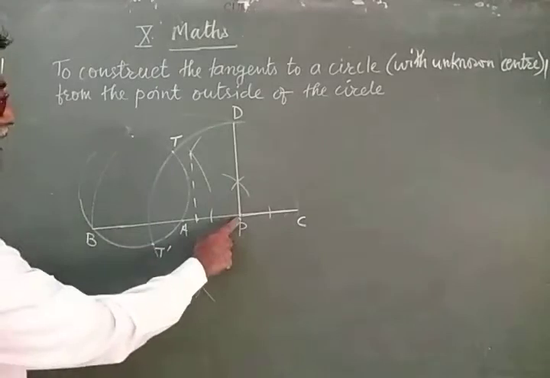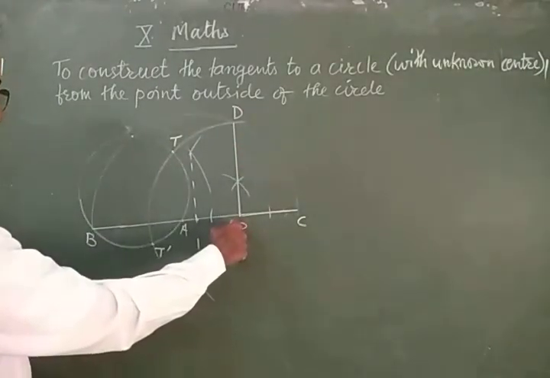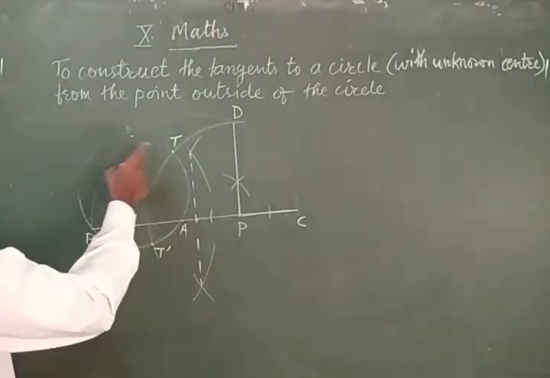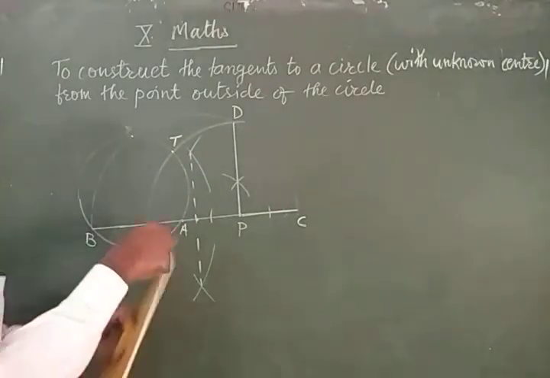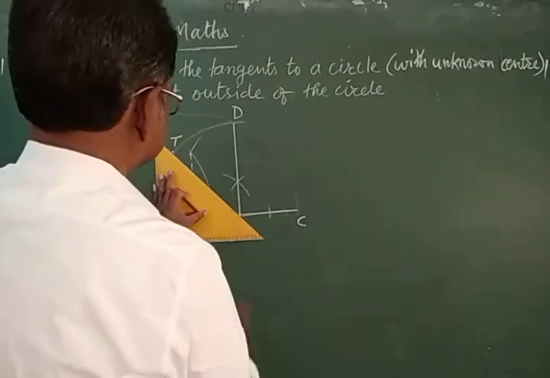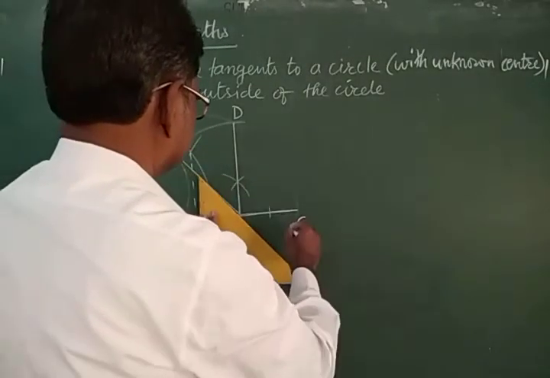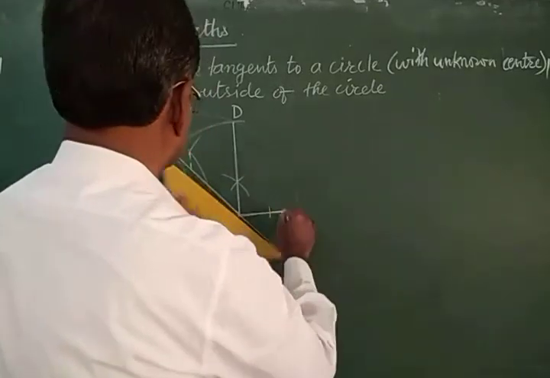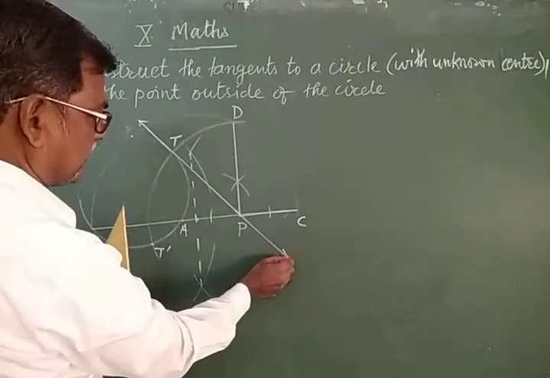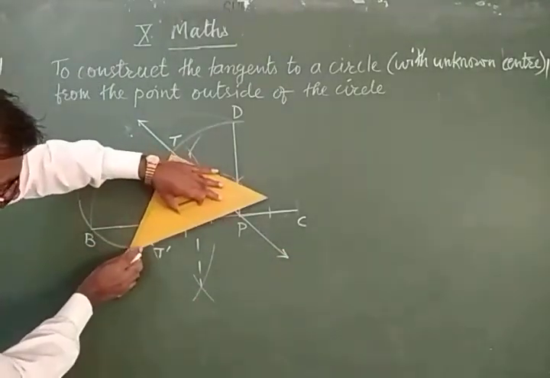With center P and radius PD, draw the arc intersecting the given circle at T and T dash. Then join PT and PT dash.